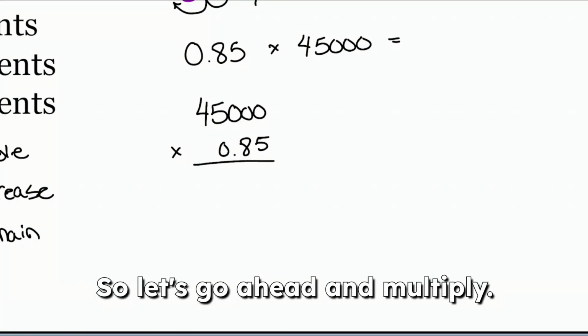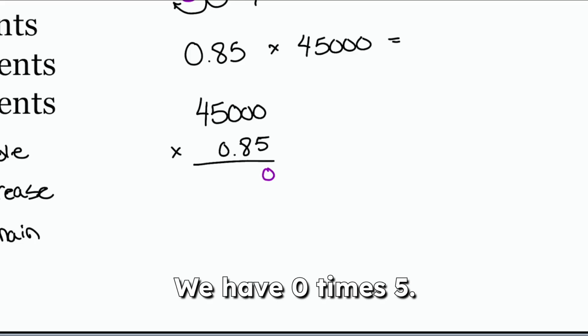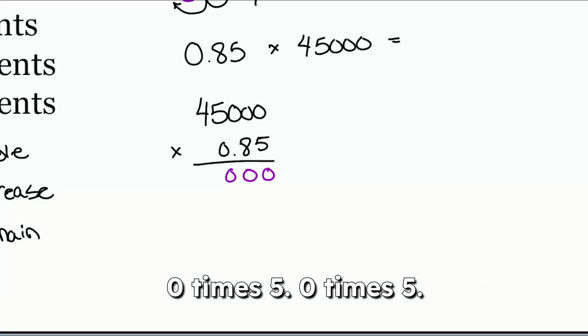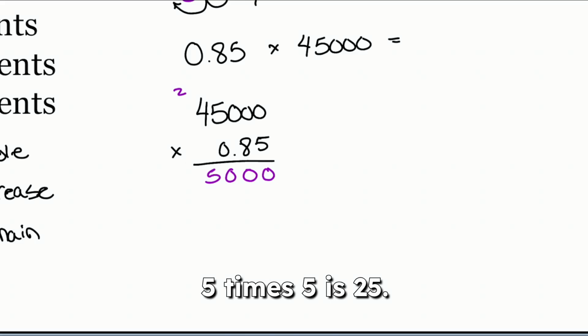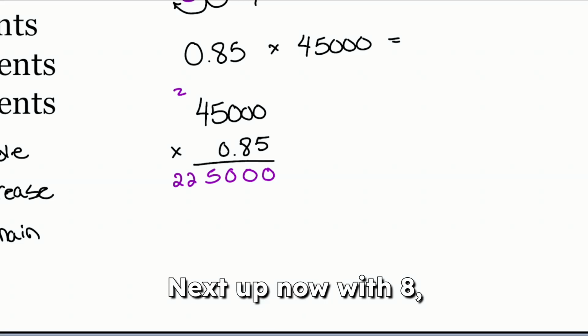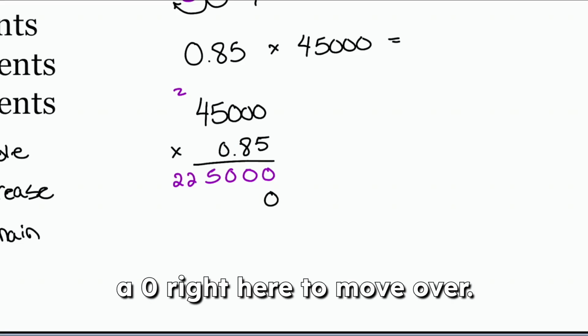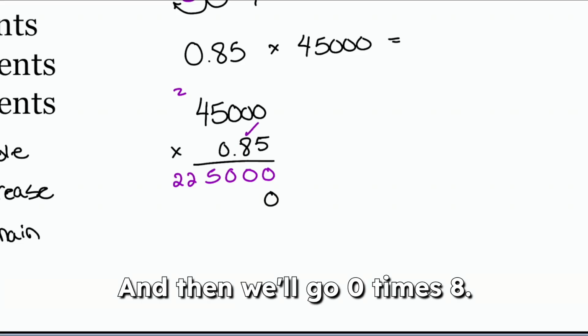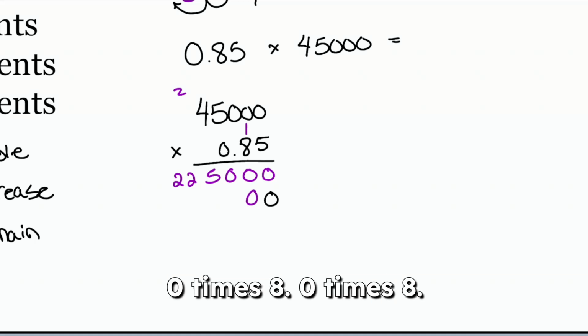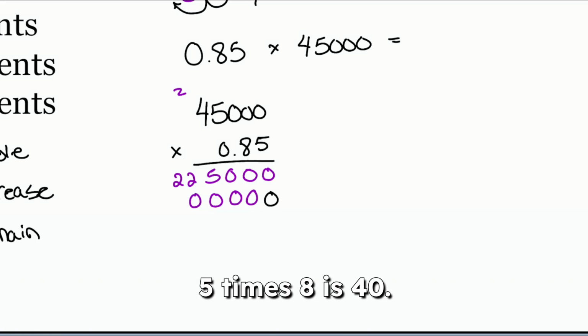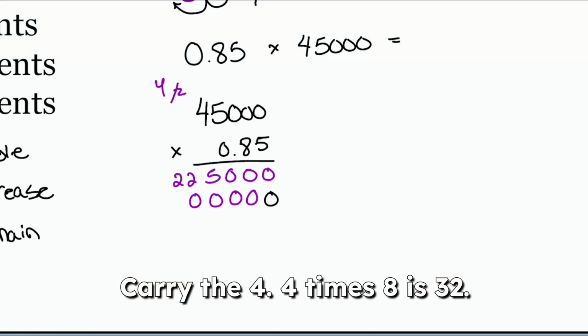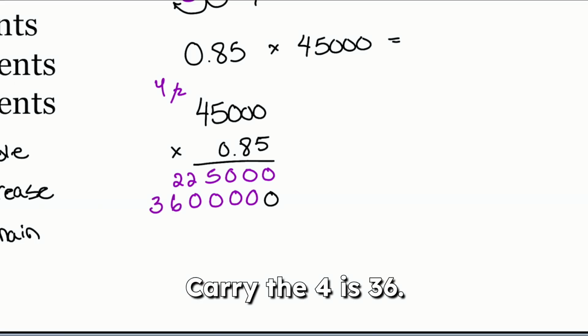So let's go ahead and multiply. We have 0 times 5, 0 times 5, 5 times 5 is 25. 4 times 5 is 20. Carry the 2 is 22. Next up, now with 8, we'll go ahead and start with a 0 right here to move over. And then we'll go 0 times 8, 5 times 8 is 40, carry the 4. 4 times 8 is 32, carry the 4 is 36.